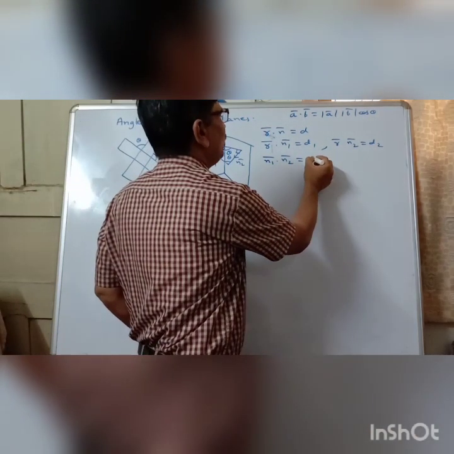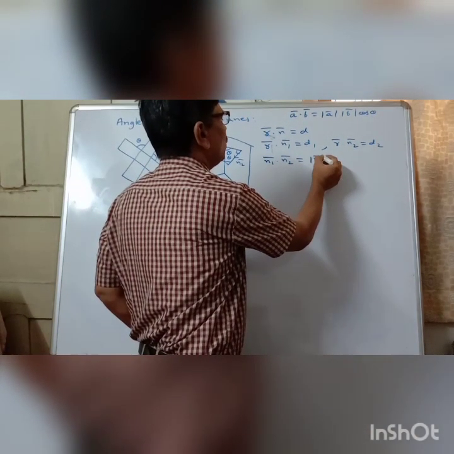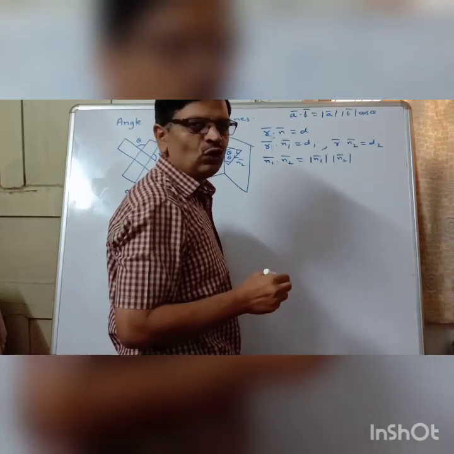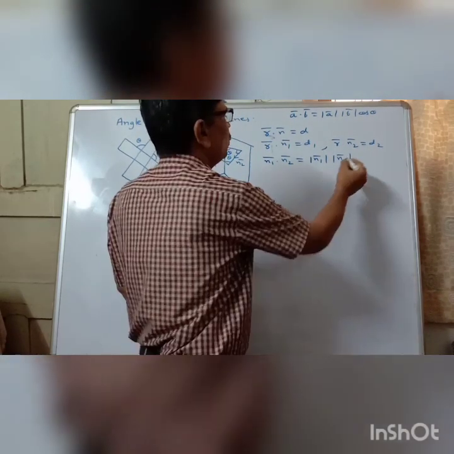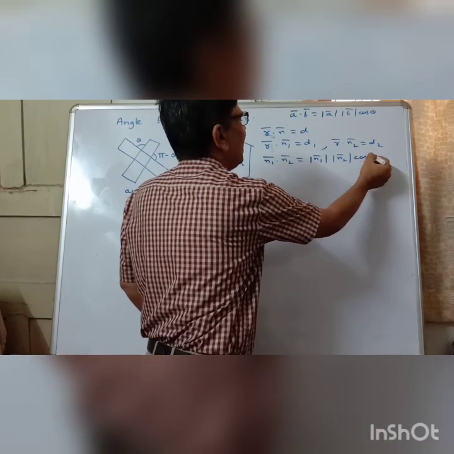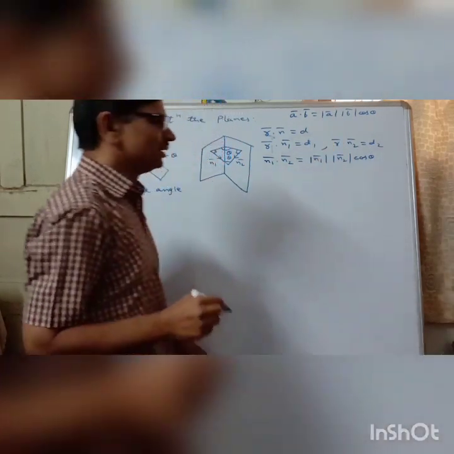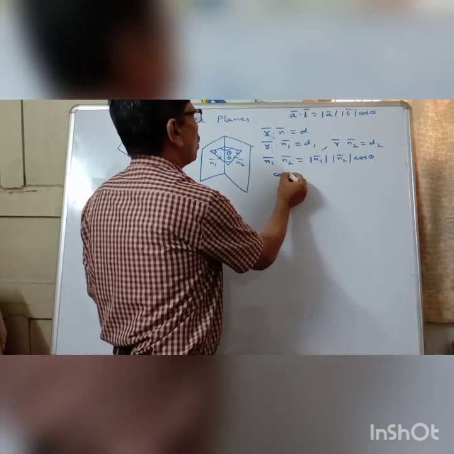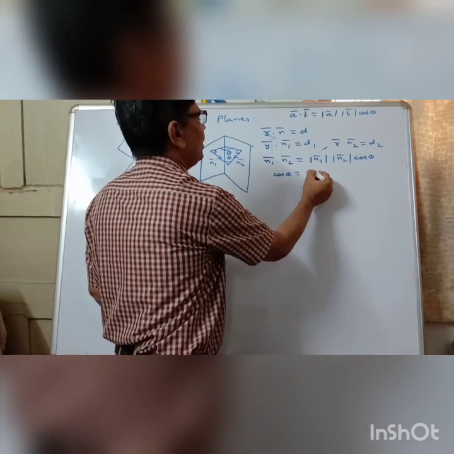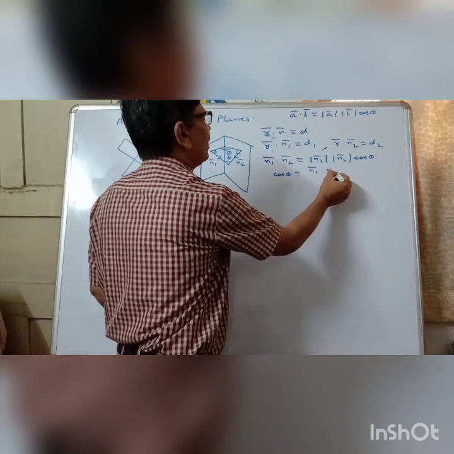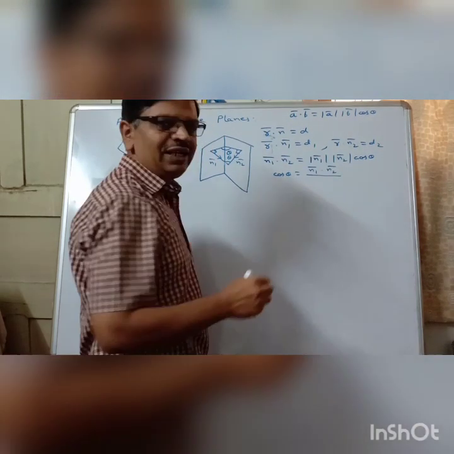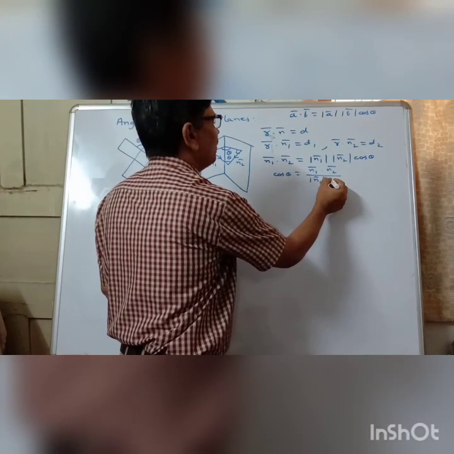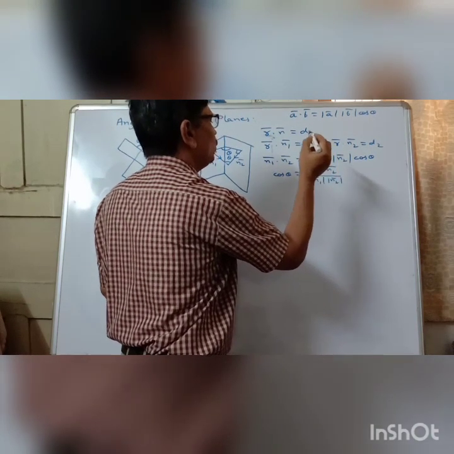So n1 bar dot n2 bar equals magnitude of n1 bar into magnitude of n2 bar into cos theta. So we get cos theta equal to n1 bar dot n2 bar divided by magnitude of n1 bar into magnitude of n2 bar.